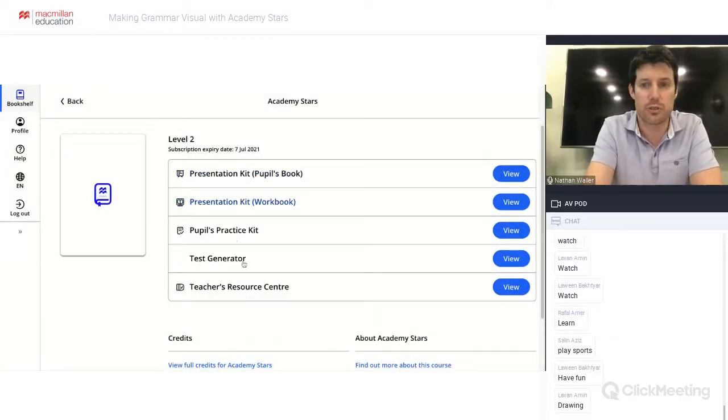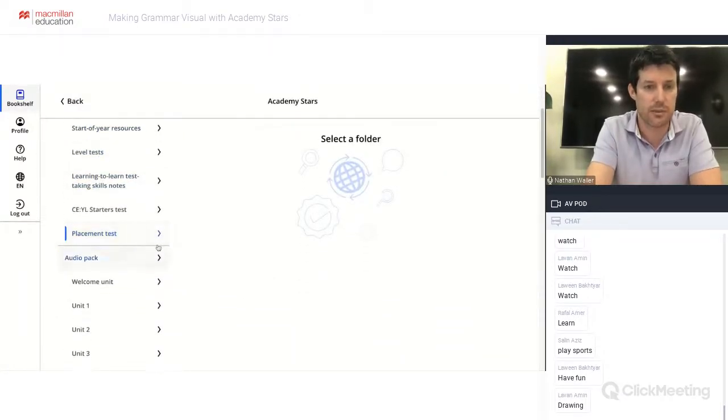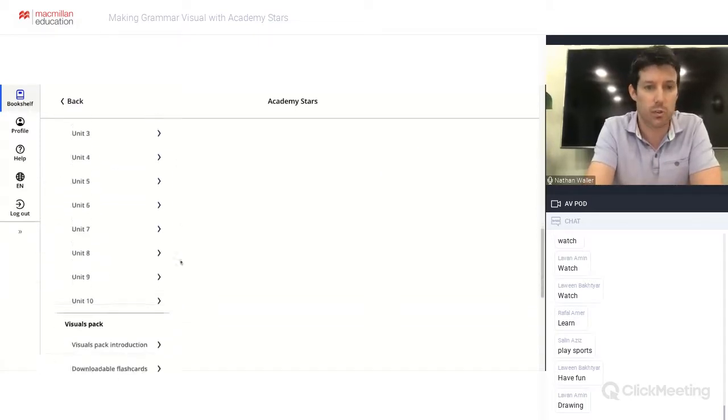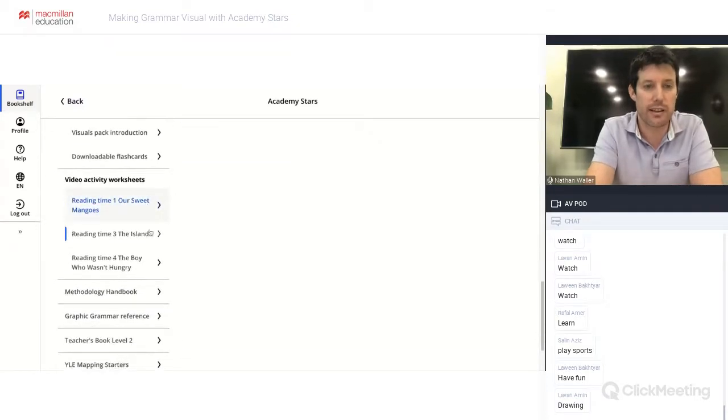But you have Teachers Resource Center here as well. And you can find all sorts of things in here. Start of year resources, tests, placement. You could do a placement test. If you're worried about bridging the gap between last year and this year, find out what gaps they've got so you can focus on reinforcing some of that stuff while you're doing new content. You've got all the audio, you've got additional worksheets, visual packs, things to go with the reading.